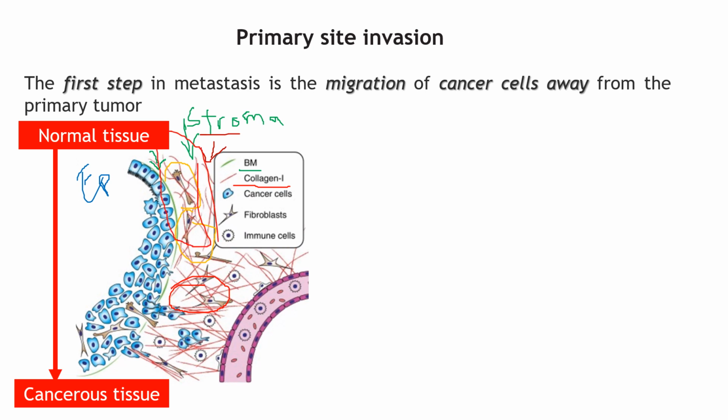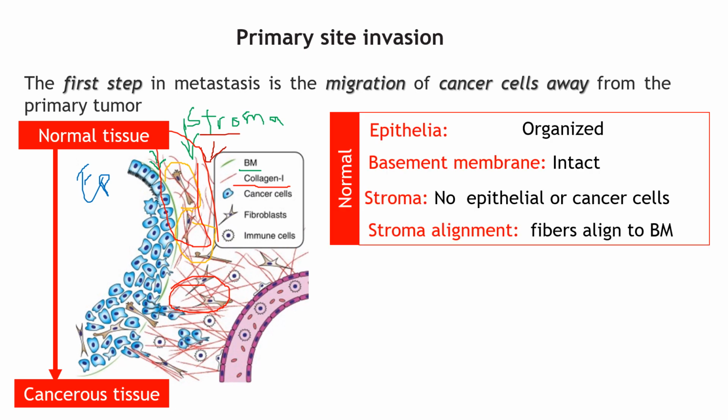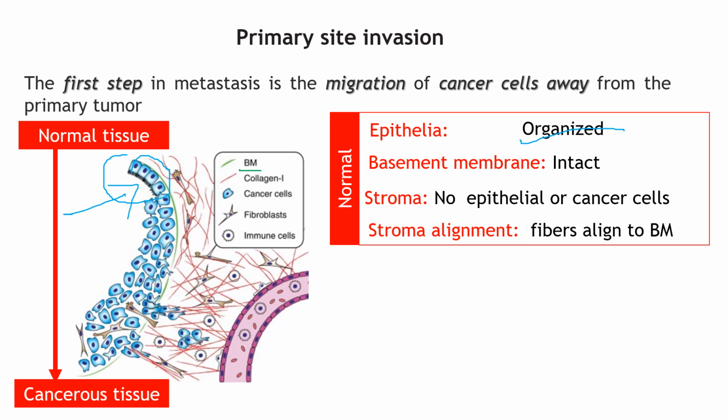Okay, so let's try to see all the things that we said. First, the epithelia, the blue things. Let's delete this so it's easier. Remember, what I show you in blue is that the epithelia is organized. So clearly in the normal tissue you see organization. Second, the basement membrane or basal membrane is intact.